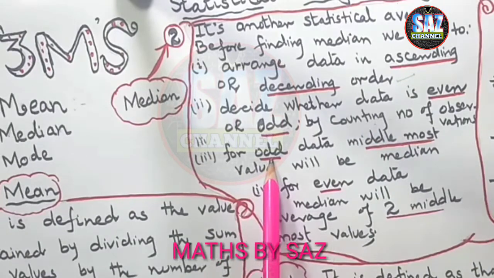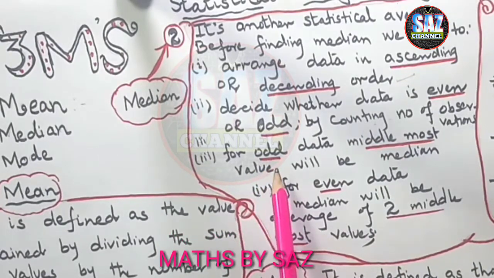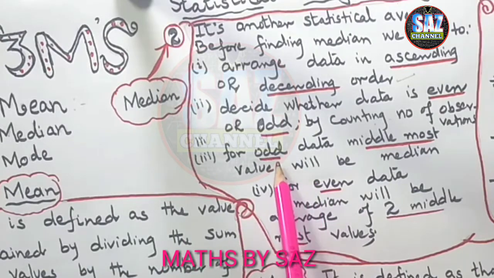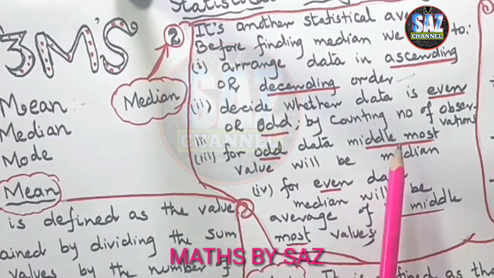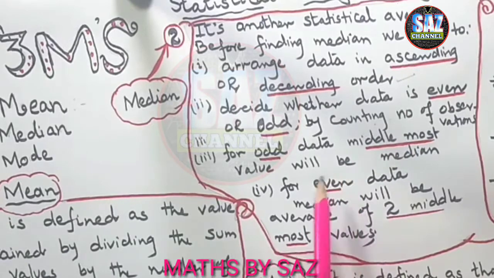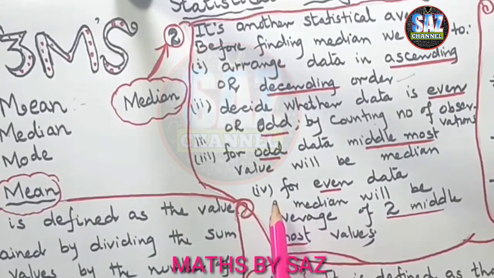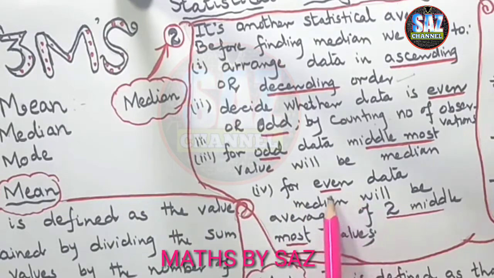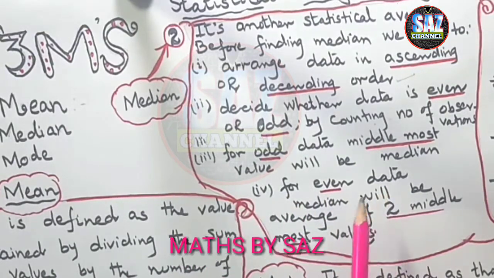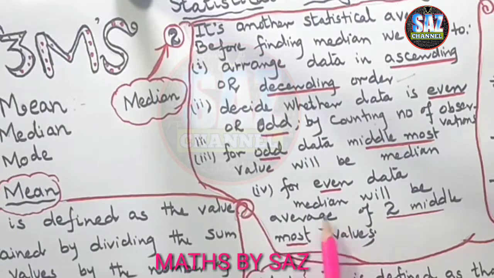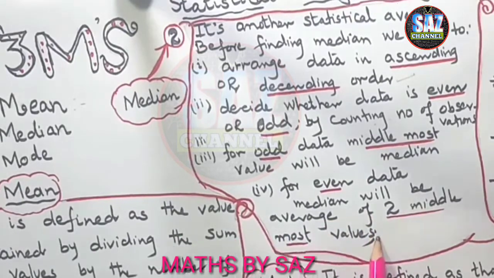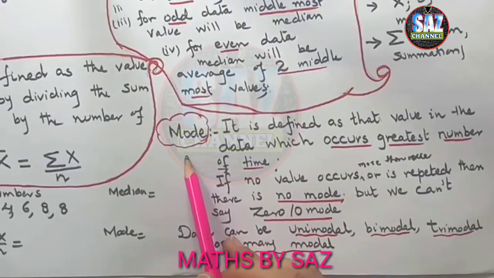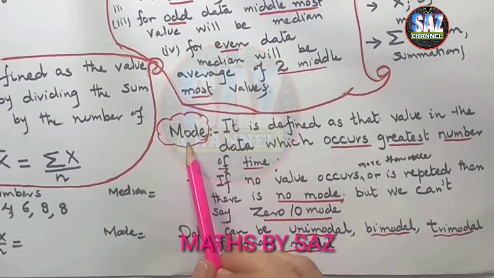For odd data, for example 5 observations or 7 observations, after putting the data in ascending order, the median will be the middlemost value. And if the observations are even, like 8 or 6, after putting the data in ascending order, the median will be the average of the 2 middlemost values. I hope you have understood the median. Coming to the third statistical average, that is mode.